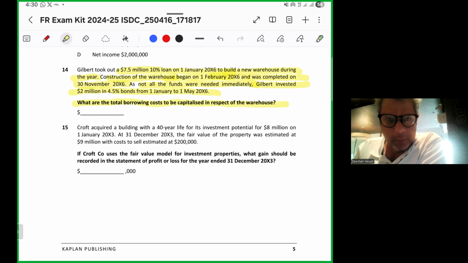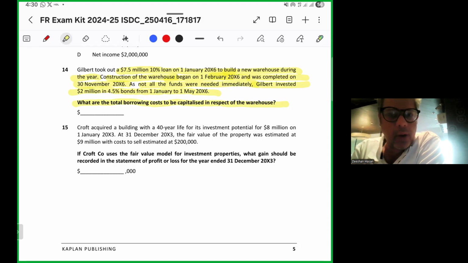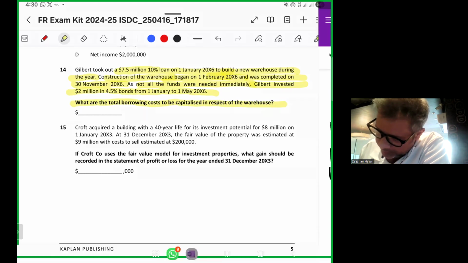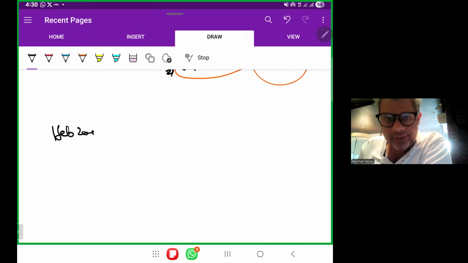As you may remember, interest can only be capitalized during the period of construction, which is from 1st February 2006.